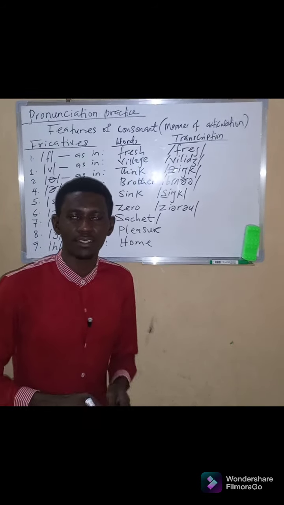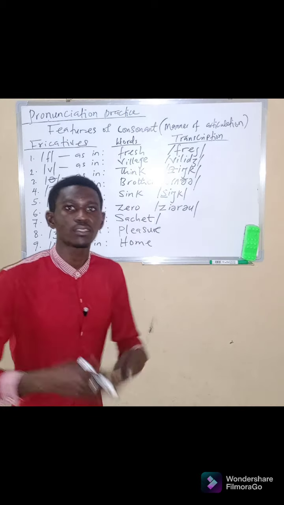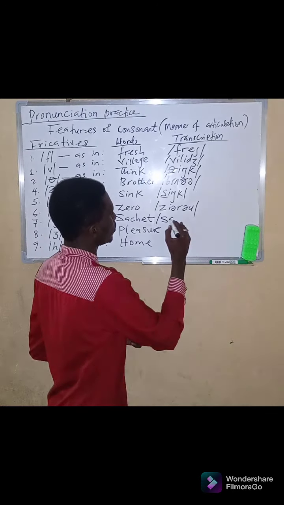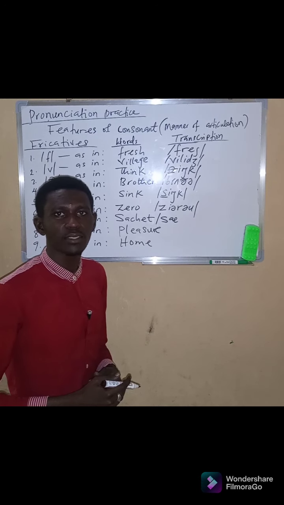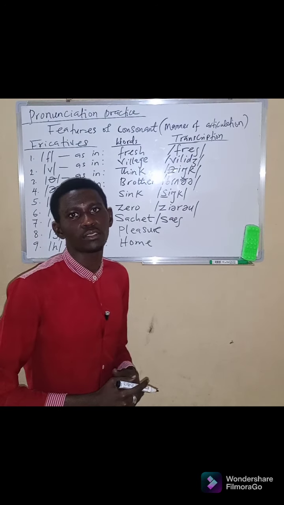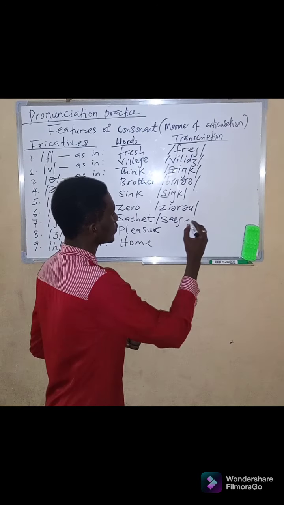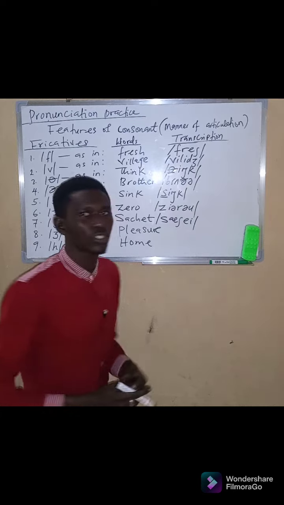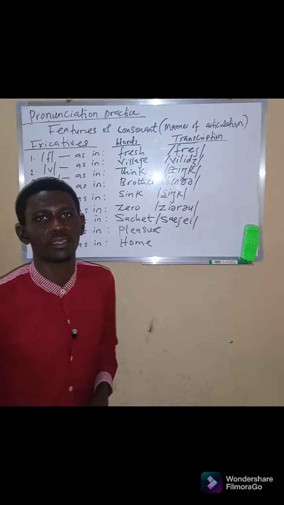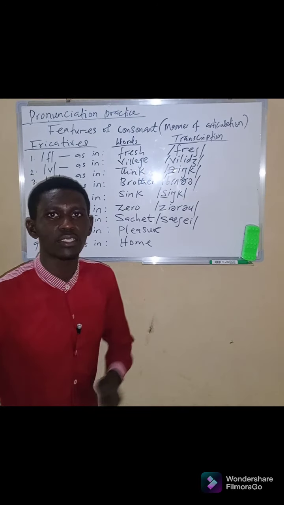Not sachets as we mispronounce the word, but sachet. S, the a sound, sh, and lastly the diphthong a. So we have sachet. The t is silent, it is a silent letter. So we pronounce the word sachet.